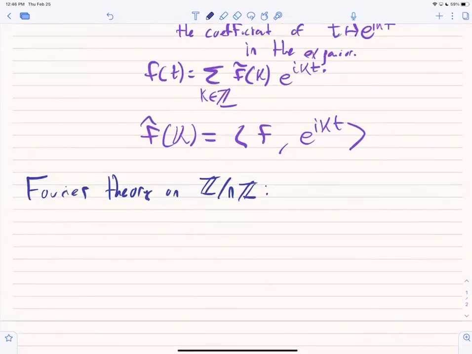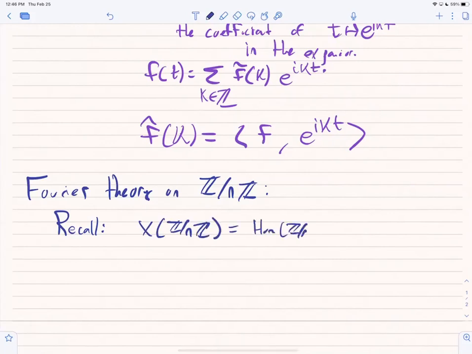Let me recall from last time that we described the complex valued characters of Z mod NZ. We wrote X of Z mod NZ for the set of characters with complex values, that is, homomorphisms from Z mod NZ to C star.